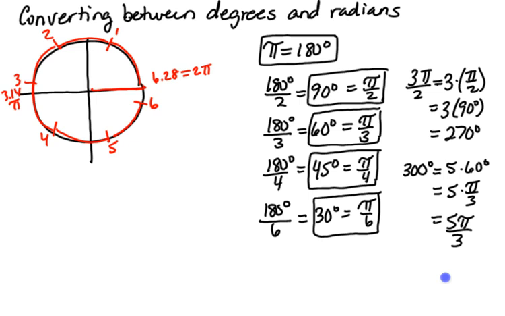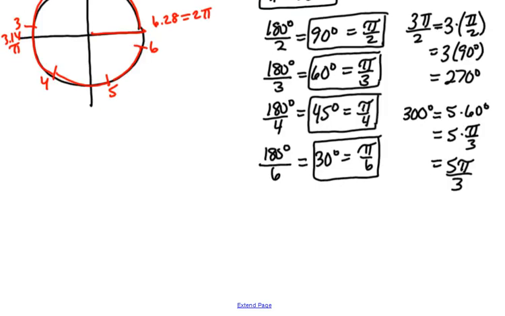Let's practice a few more. The 45s I think are a little trickier because you don't recognize them as well. Let's say I wanted to figure out what 5 pi over 4 was. That's not that bad. I could do 5 times 45, because pi over 4 is 45.